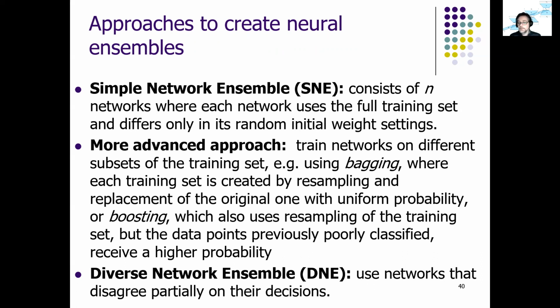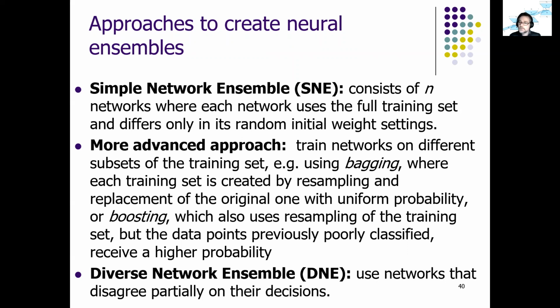Boosting also uses resampling of the original training set, but the weight by which you do the resampling depends on whether the data points have been classified successfully or not. It's a very interesting idea. It gives higher weight when you do the sampling to data points that have produced mistakes. And that helps at each round of boosting to produce members of the ensemble which make a contribution. They are dealing with mistakes of the previous members of the ensemble.